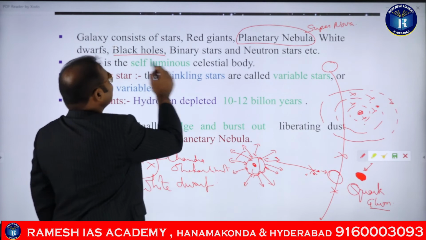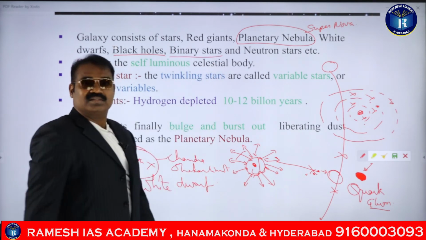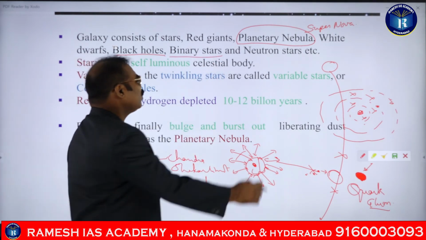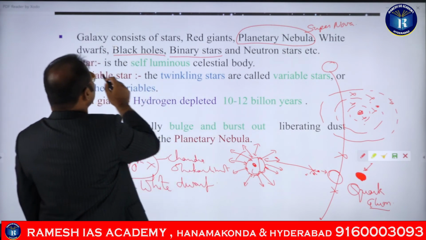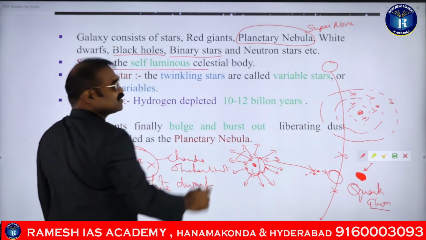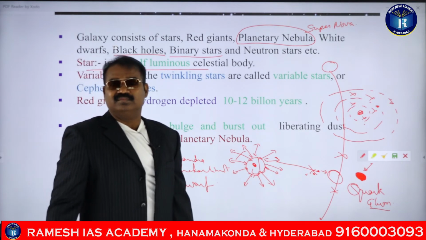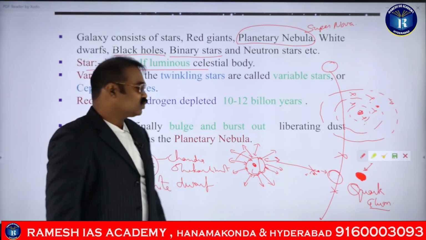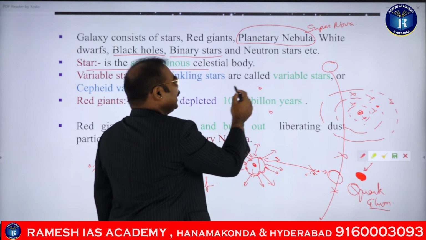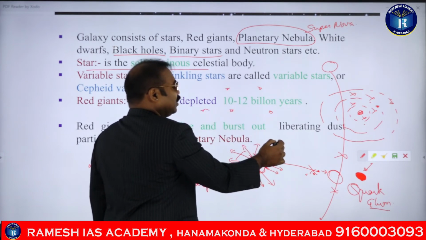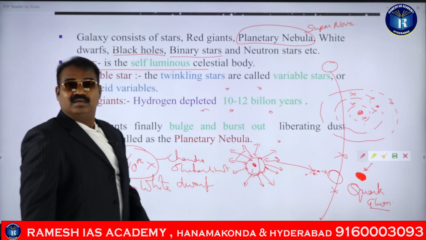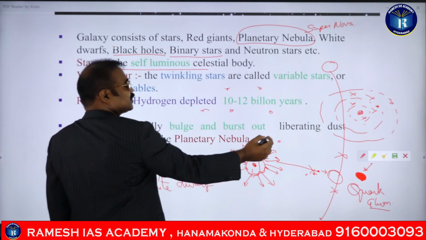Next, the galaxy also consists of binary stars. Okay, what are these stars, guys? The stars are self-luminous celestial bodies. They will be shining, giving out light. So stars are individual entities present in the galaxy, guys. But within the galaxy you also have binary stars, right.